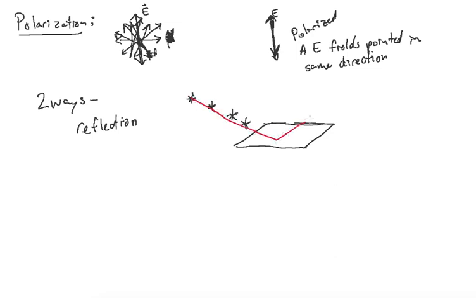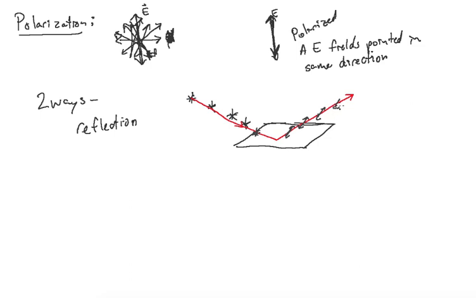So we have all this non-polarized light like that. But when it reflects and bounces off of a surface, it actually polarizes parallel to that surface. And so it would polarize this light in this direction.